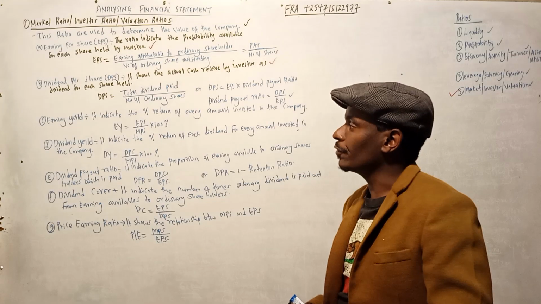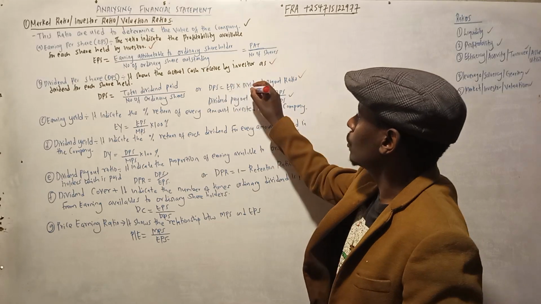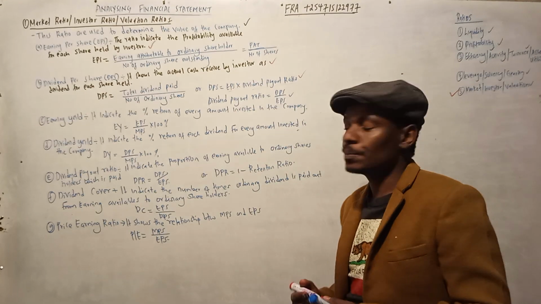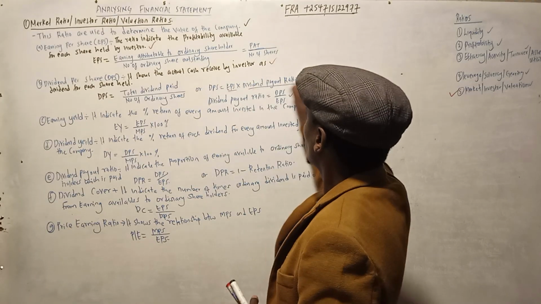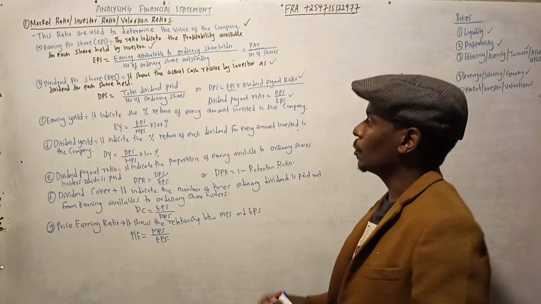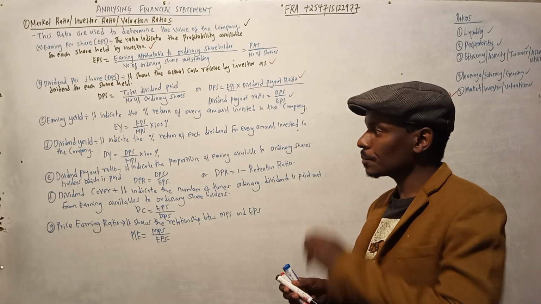DPS is equal to dividend paid divided by the total number of shares, or you take the EPS and multiply by the dividend payout ratio. Whichever is available, you use. So EPS times dividend payout ratio, or total dividend paid divided by the total number of ordinary shares.